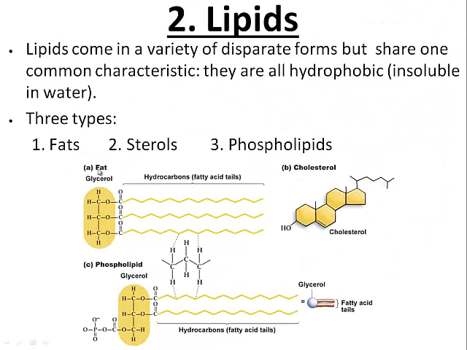So the first we have on this screen here are fats. And so fats are also known as triglycerides because they have 2 parts. They have a glycerol head that I'm circling here, and then they have 1, 2, 3 fatty acid tails. And so those fatty acid tails are composed of long chains, which is what's being depicted here, of carbons with little hydrogens projecting from those.